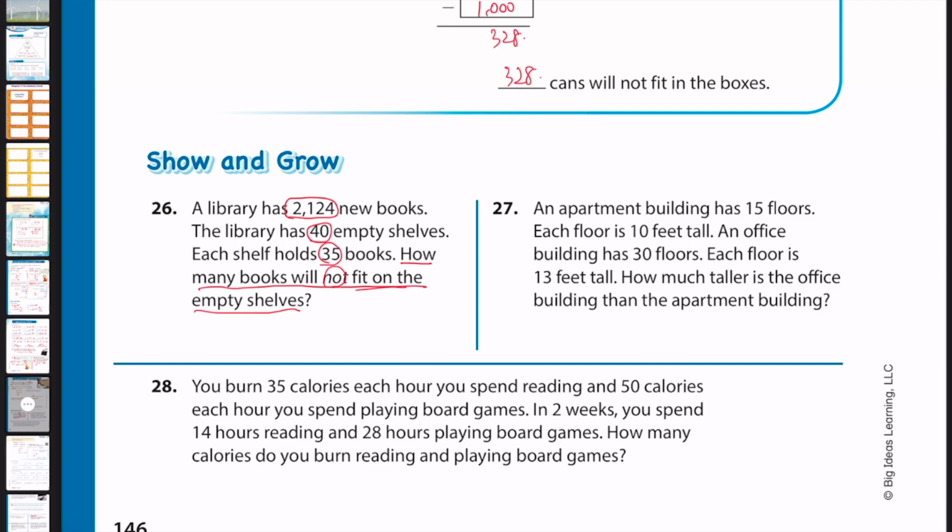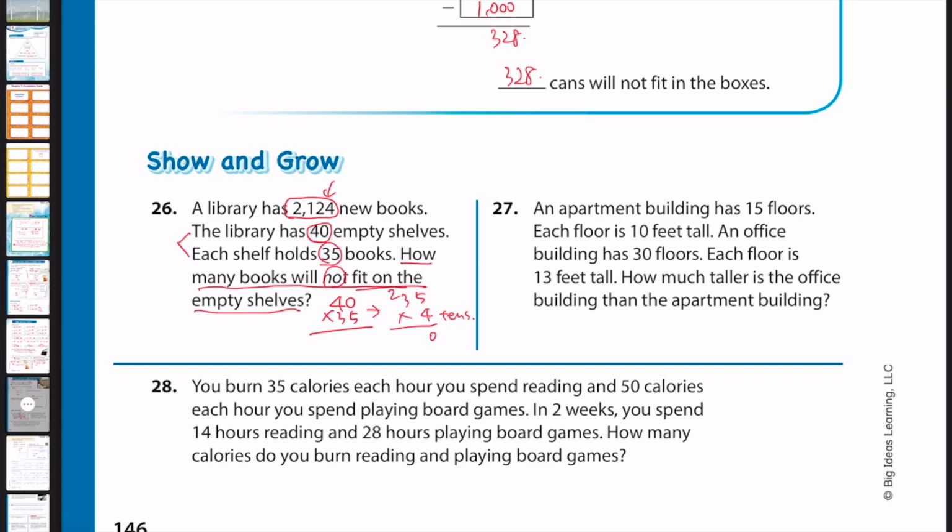So we are going to find out how many books they can hold. Okay, and then we can subtract from all the new books. Okay, all right, so 40 times 35. I'm gonna rewrite it. 35 times 4. I'm gonna put tens. Okay, 5 times 4 is what?